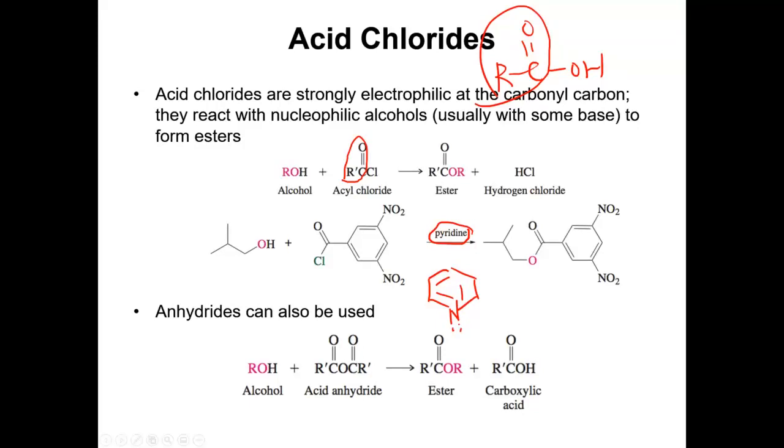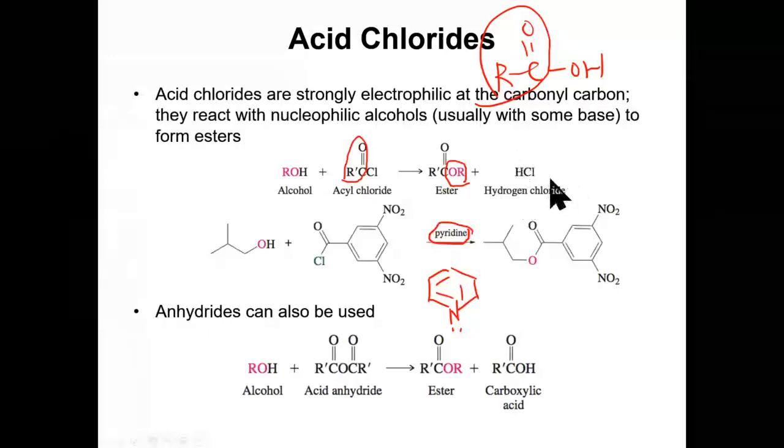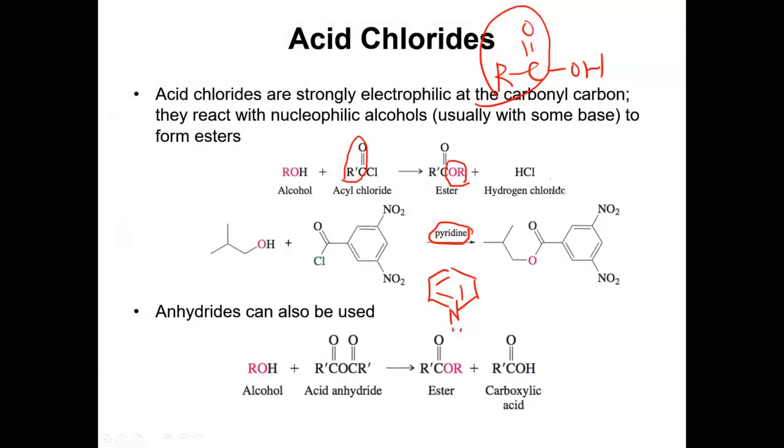But at this point, what you need to know is that in the reaction, again, the alcohol serves as a neutral nucleophile. In the ester product, the entire alkoxy group comes from the alcohol, and the acyl chloride provides the acyl group, and the pyridine actually serves two purposes. One is as a base because it can remove the formed hydrogen chloride, and the second is as a catalyst.